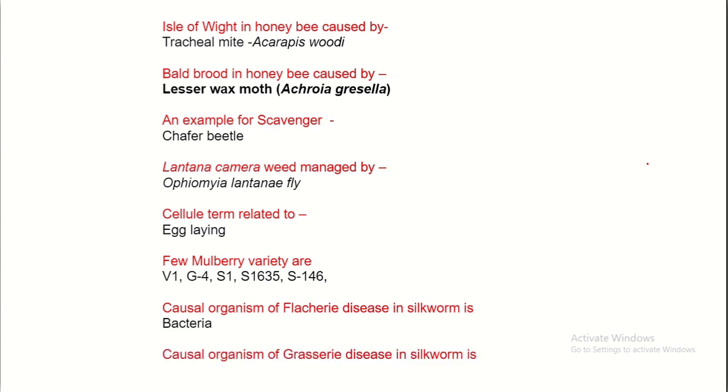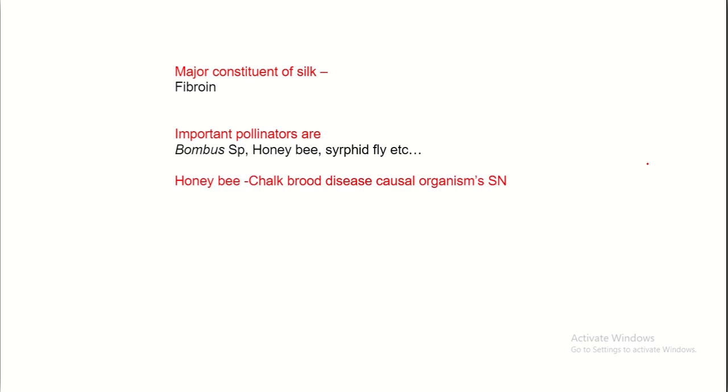Causal organism of grasserie disease in silkworm is virus. Major constituent of the silk is fibroin. Important pollinators are bumblebee species, honeybee, syrphid flies. Honeybee chalkbrood disease causal organism's scientific name is Ascosphaera apis.